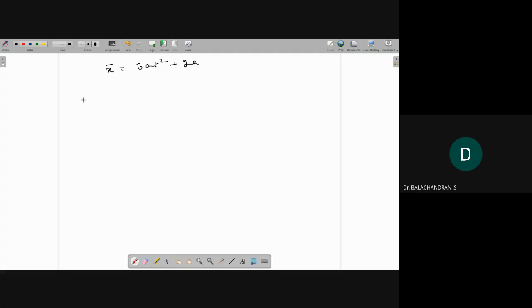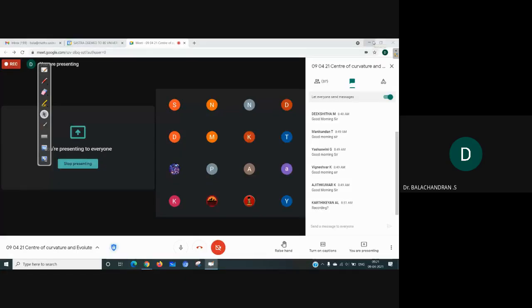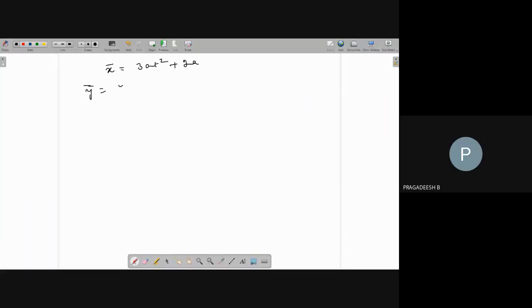So next, y bar. Who is willing to tell the steps for y bar? First step, formula. Y plus 1 plus y dash square divided by y double dash.